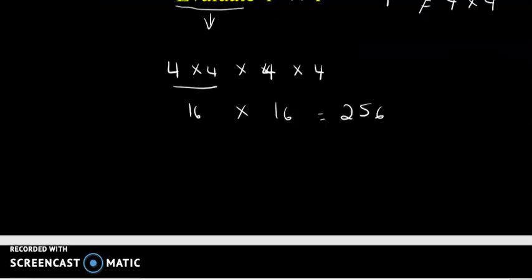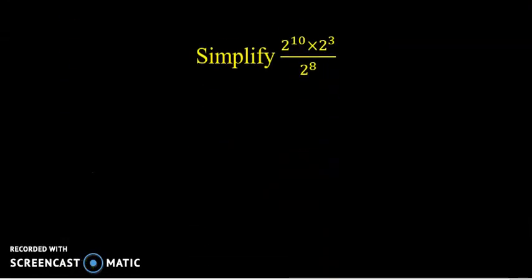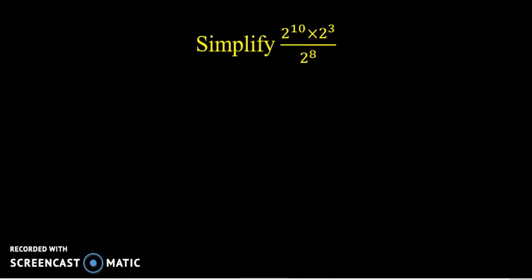Let's go to question number 3. We need to simplify. So the first thing is to combine 2 to power 10 times 2 to power 3 in the numerator. So that is the same as 2 to power 13, because 10 plus 3 is 13, over 2 to power 8.